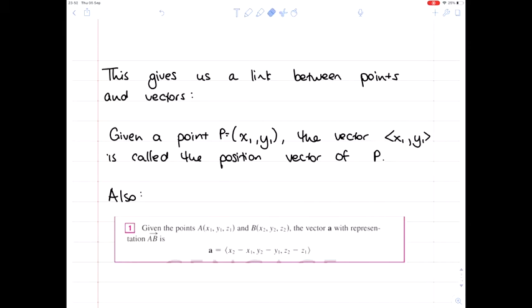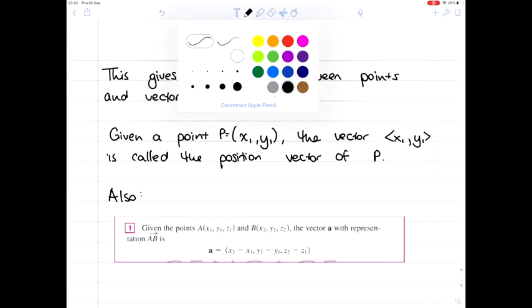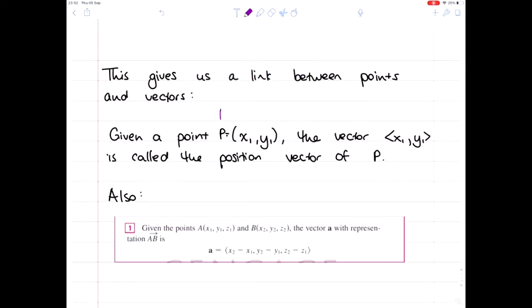Extend this idea to working in 3 dimensions. We would have some point, I'm going to call it P tilde, which is x1, y1, z1.